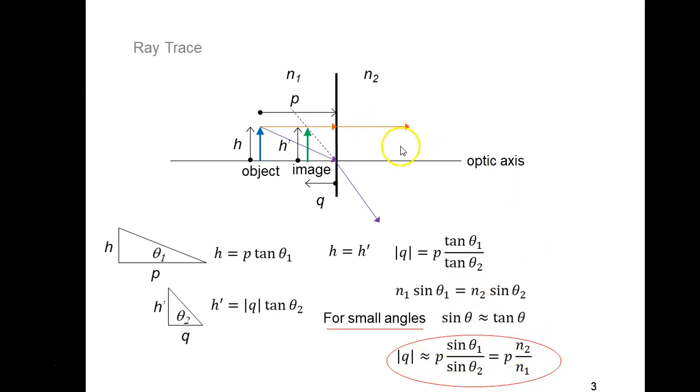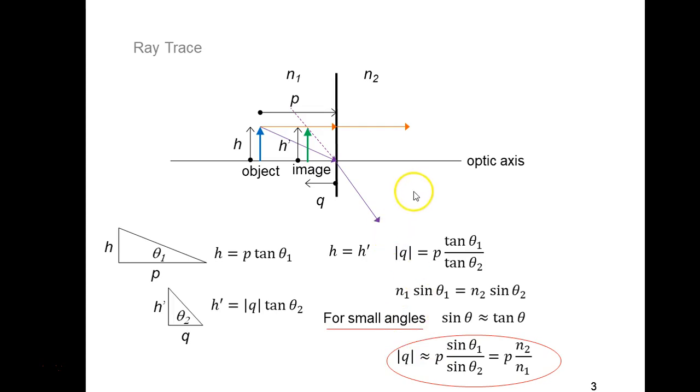So if you're viewing the image with your eye near the optic axis, not too far away, so you're viewing small refracted angles, then the image will appear to be about at the same place. Even if you move your eye a little bit, as long as the angles remain small, and we're typically talking like 30 degrees or less, so it's really not as small as you might think, then you're going to see the image pretty much at the same point.